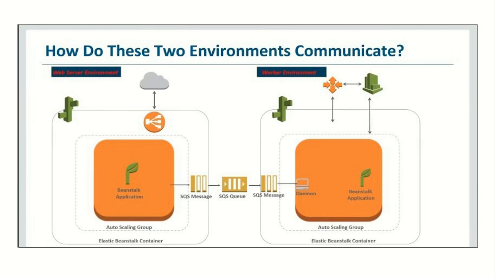We have our web server environment. It has received a request, and while processing it has encountered tasks which are taking a lot of time. So what it does is create an SQS message. SQS is nothing but a simple queue service offered by Amazon. So this SQS message is then put into the queue, and the different requests are arranged based on priority in this SQS.